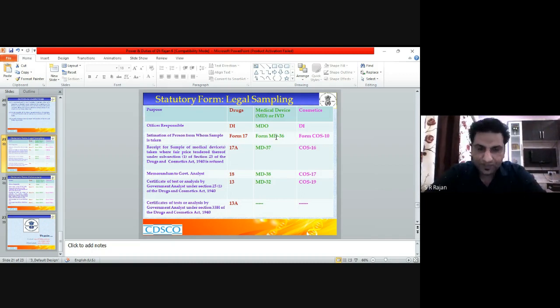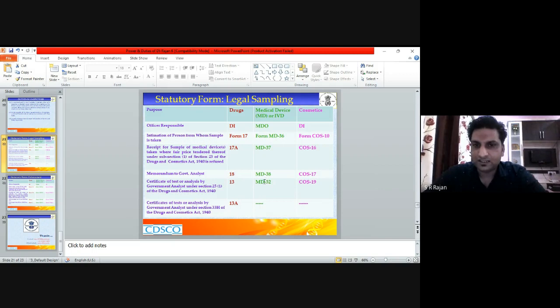After receiving these samples and checking all the seals sent by the inspector, the government analyst gives his report. Under section 25(1), he gives his report in Form 13, the test report for allopathic drugs.